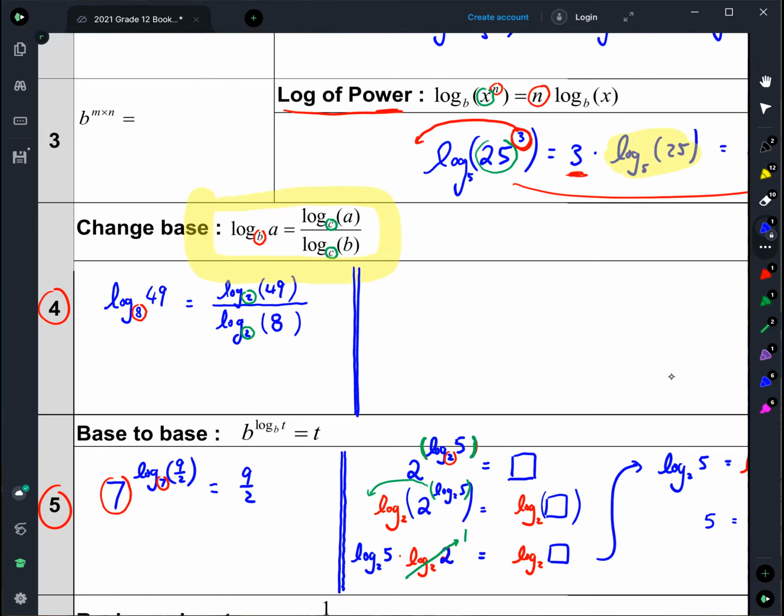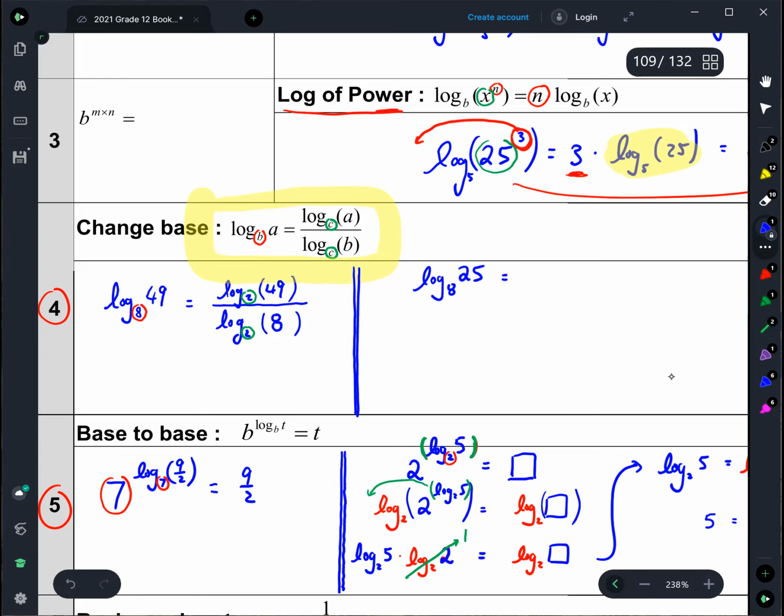Let's say we have log base 8 of 25 equals something.